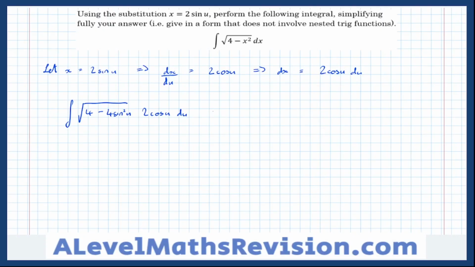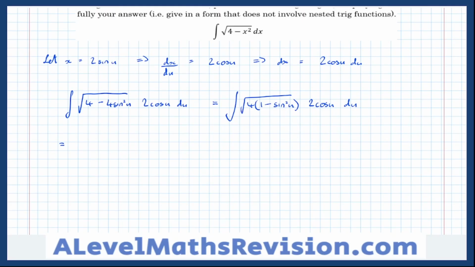And taking out a factor of 4 from what's under the root sign, we end up with 4 lots of 1 minus sine squared u. And the fact that this trig identity has appeared here, 1 minus sine squared u, you should be familiar with that. That is the reason we chose the substitution x equal 2 sine u, so that would happen. Times 2 cos u du.